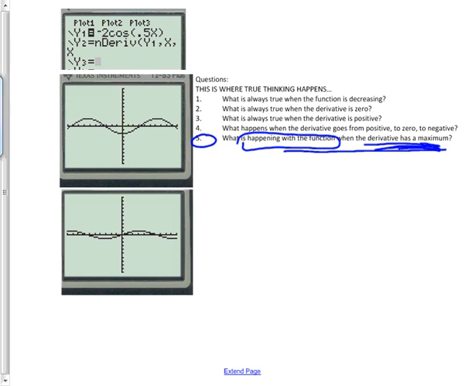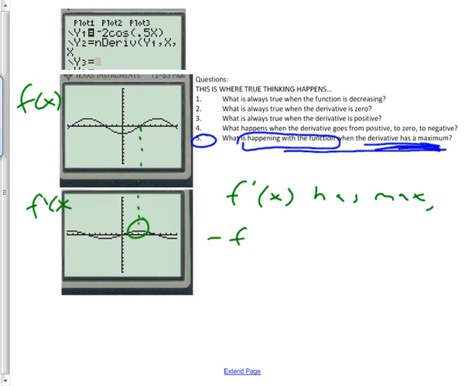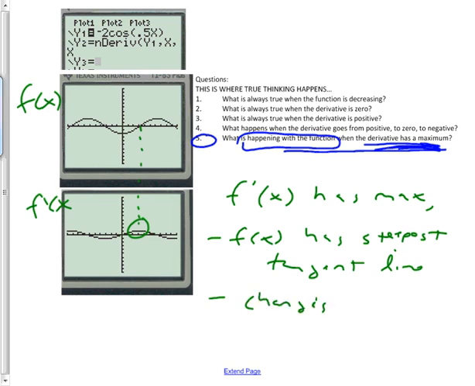So here's my function, and here my function has a maximum, and if we go up from there, what we expect to happen from what we looked at before, if the derivative function has a max, we expect that f of x has the steepest tangent line, and at that point it's changing concavity.